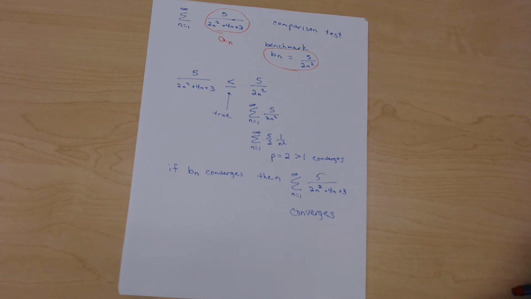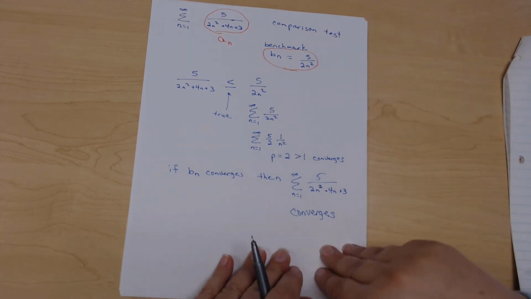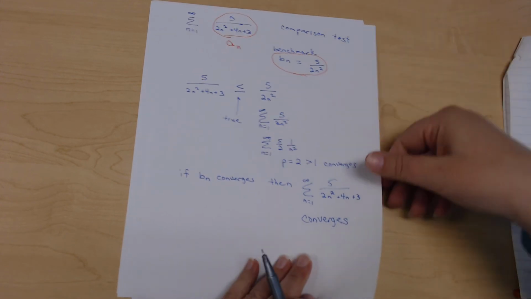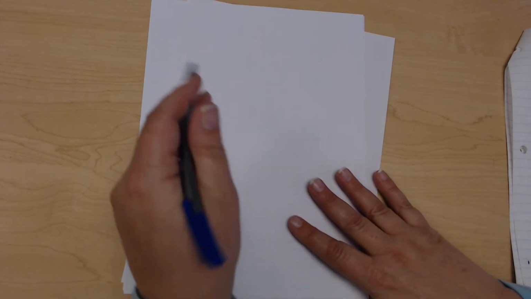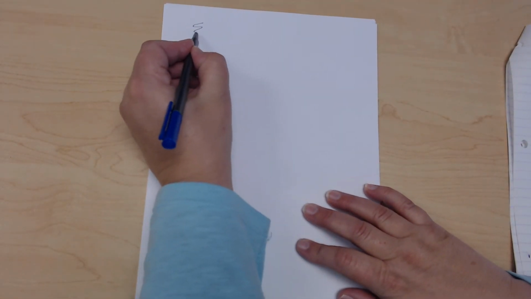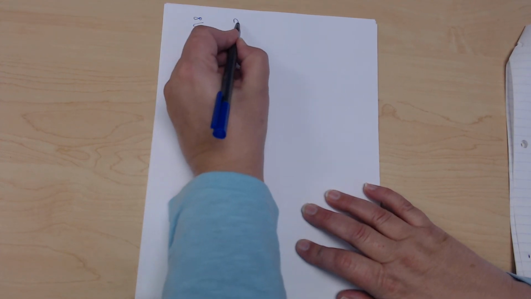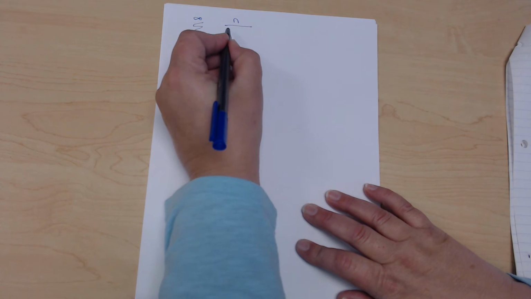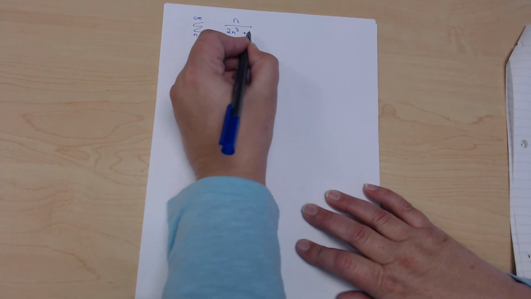Let's do this guy. Let's do the summation from 1 to infinity of n over 2n cubed plus 1.